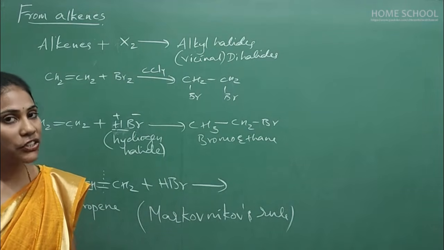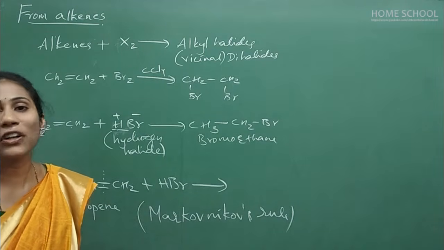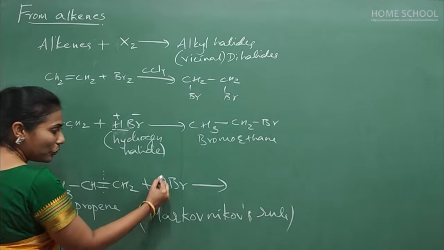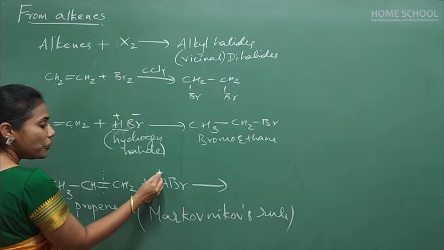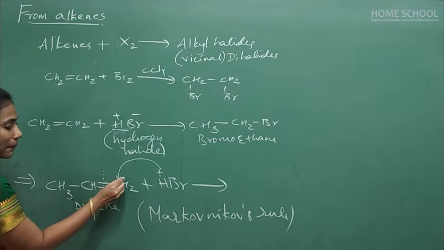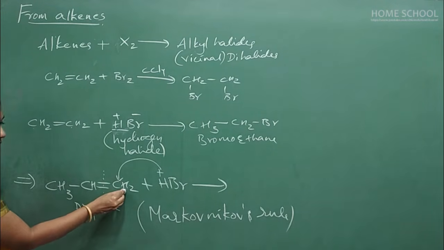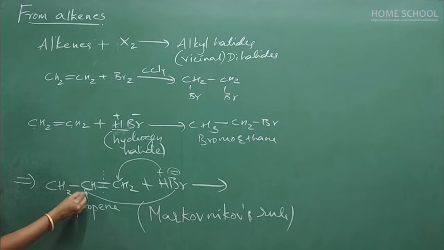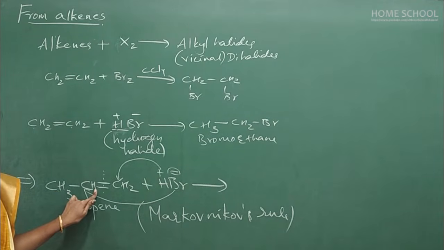If you want, you can watch and enjoy the concept. According to Markovnikov's rule, you add the positive part to the carbon having more number of hydrogens, and you add the negative part to the unsaturated carbon having fewer hydrogens.